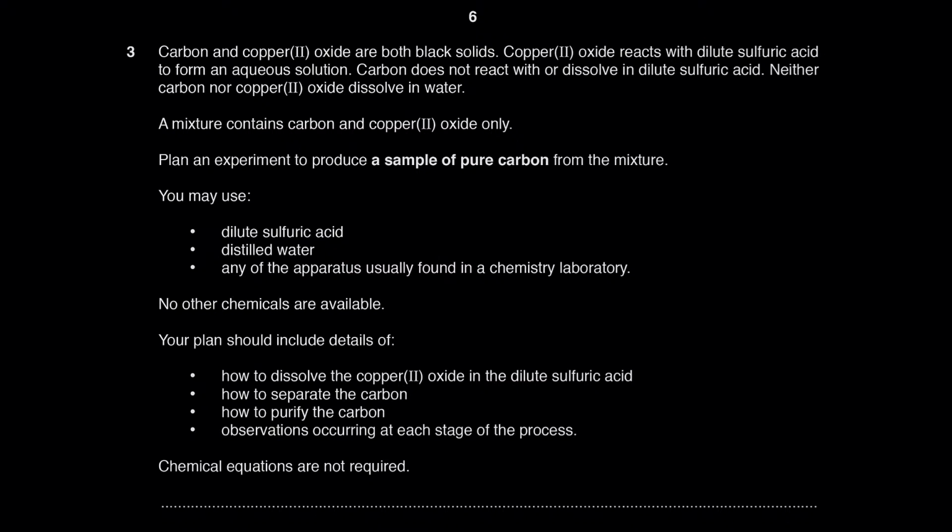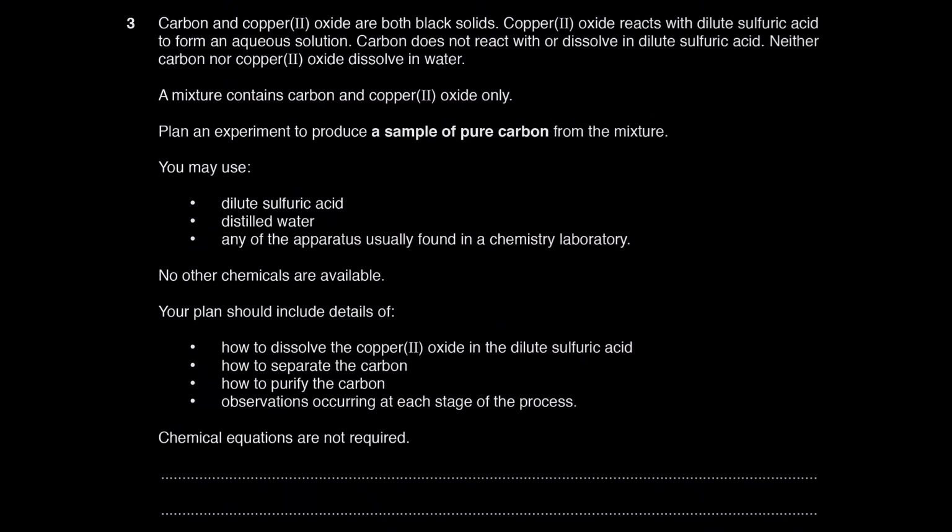They're giving you a big hint: copper oxide will dissolve in sulfuric acid to form copper sulfate, and what else? I think copper sulfate, and something else, but copper sulfate primarily. The mixture contains carbon and copper oxide only. Plan an experiment to produce the copper sulfate. You may use dilute sulfuric acid, distilled water, and any apparatus usually found in a lab.